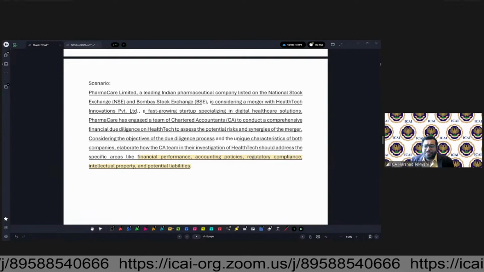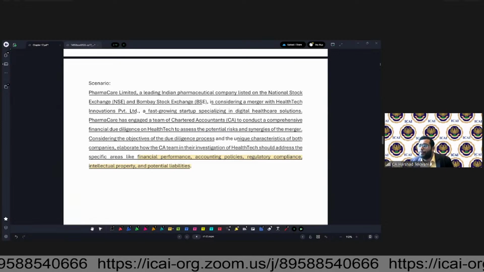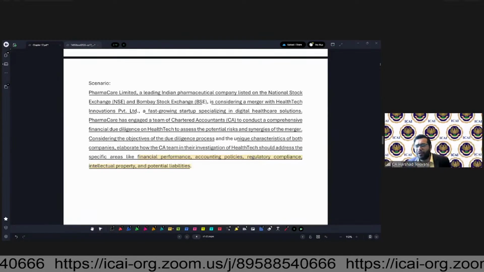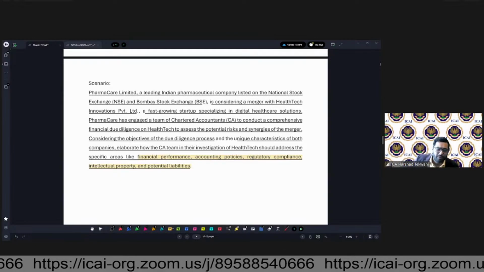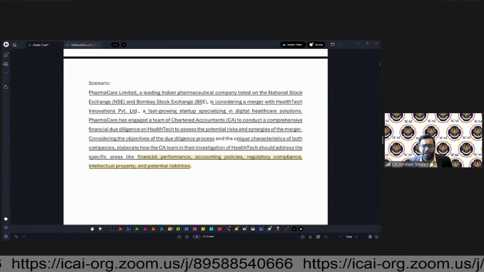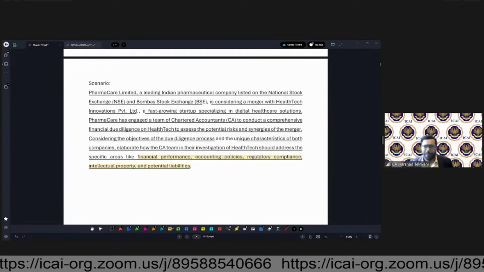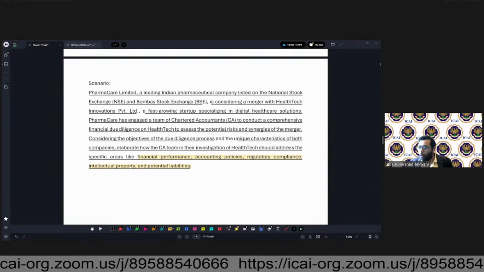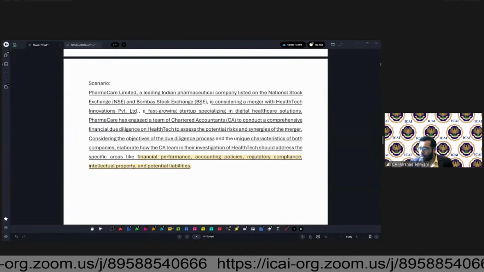Evaluating the reasonableness of the company's financial projection. Let's say, for example, the company is projecting, in the next 5 years, we will be the top company in the segment because we are a startup right now, but in the next 5 years we'll be in the top segment. Why are you projecting that? What is the basis of that projection?